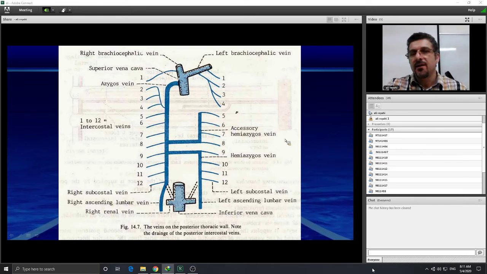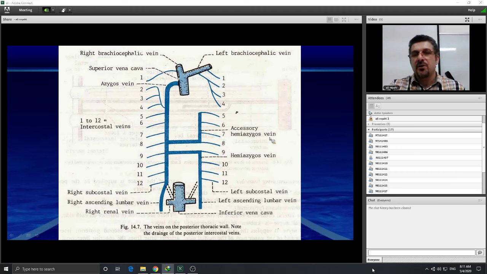the accessory hemiazygous vein. The accessory hemiazygous vein starts from level T5 and terminates at the level of T8 by passing horizontally to the right side for reaching the azygous vein, as you see in this picture.